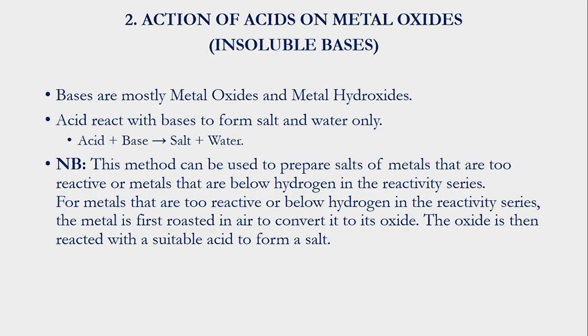For metals that are too reactive or below hydrogen in the reactivity series, the metal is first roasted in air to convert it to its oxide. So you cannot react the metal directly, so you have to roast it. That is adding oxygen, so that you get the oxide of that metal. Then the oxide now reacts with the acid to give us the salt.